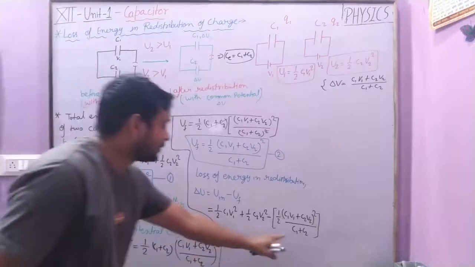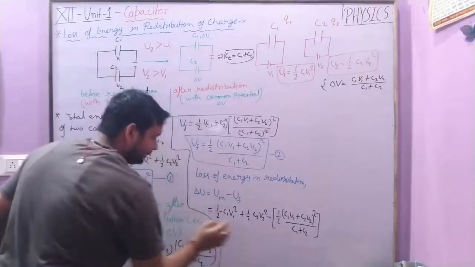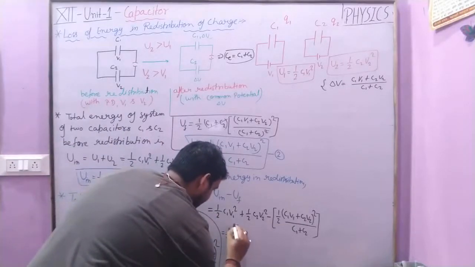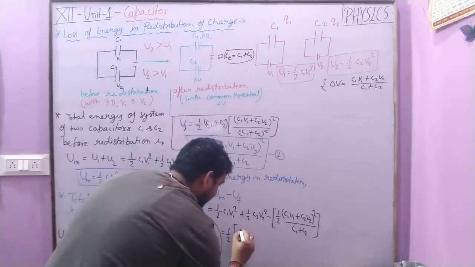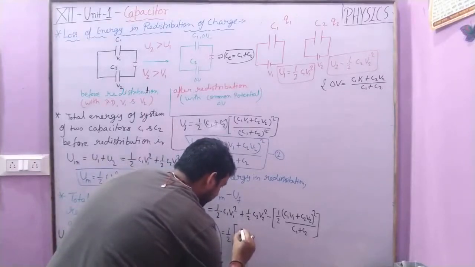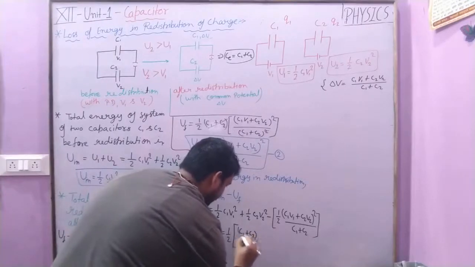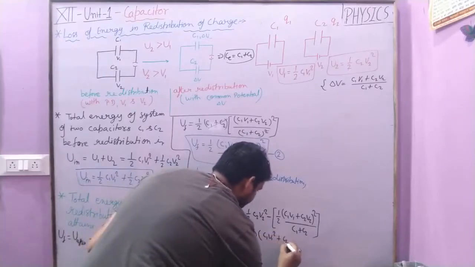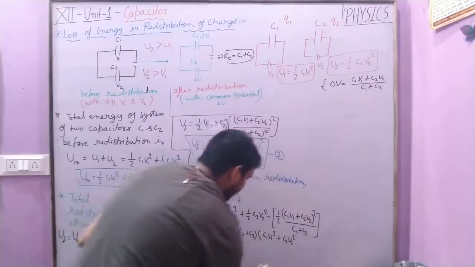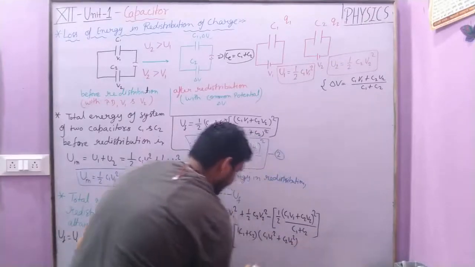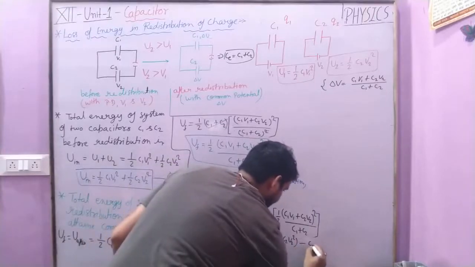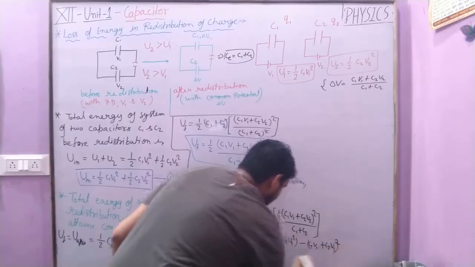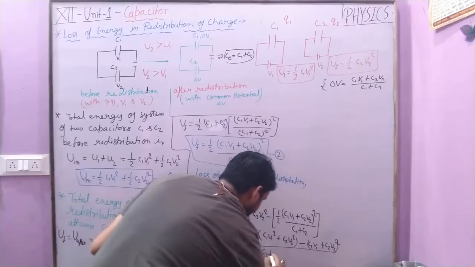Okay, now on solving this, by taking LCM, 1 by 2 is taken as common, and here C1 plus C2 multiplies inside C1 V1 whole square plus C2 V2 whole square, and minus C1 V1 plus C2 V2 whole square, upon C1 plus C2.